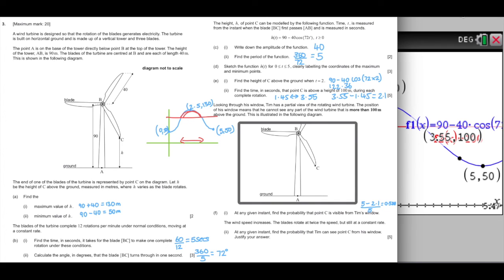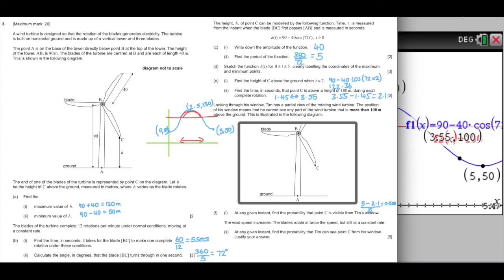So 0.580. And then it says that the wind speed increases, so the blades are now rotating faster. And again, we need to find out the probability that he can see point C through the window. Well, even if the blades are going faster, the probability is going to stay the same, because it might go twice as fast, but that just means that there's 2 lots of that time that it's going above.